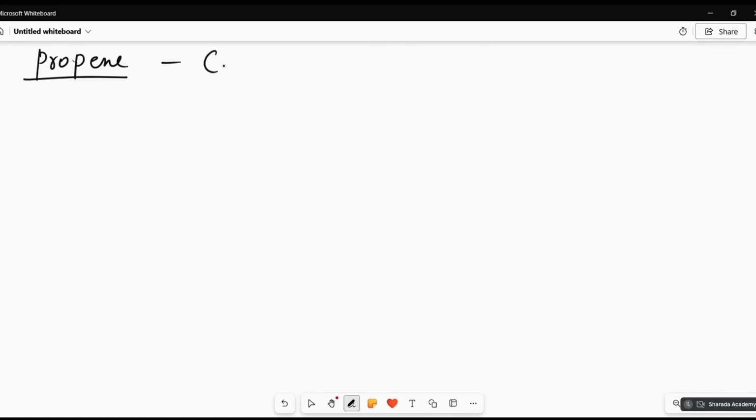Here it is C3H6. While writing the electron dot structure, it's better you write the structural formula once, and from that you write the electron dot structure. 2 here, 3, only 2 remaining. We'll write like this.